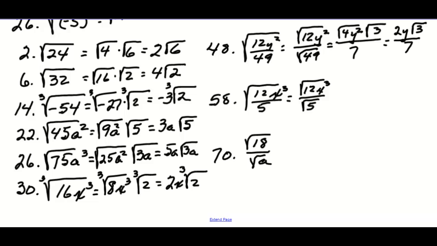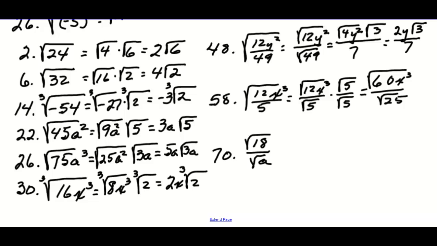Now, to get a perfect square, if I multiply both the numerator and the denominator by that square root of 5, what I get now in the numerator happens to be the square root of 60x cubed over the square root of 25. Now I have a perfect square in my denominator, so the square root of that is going to be 5.